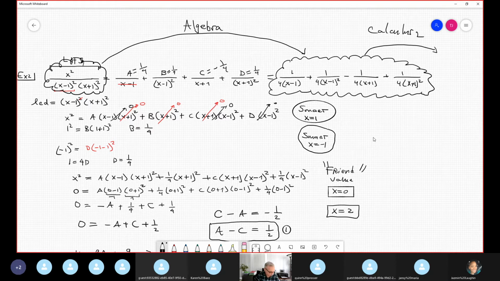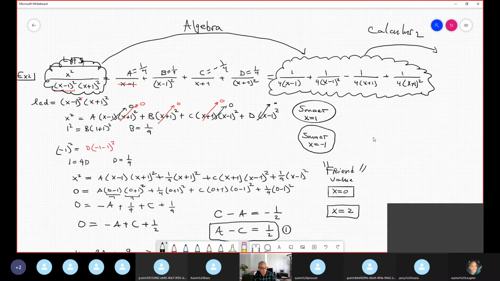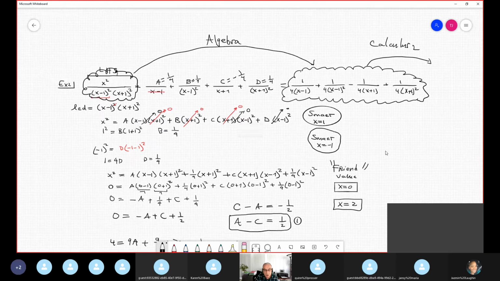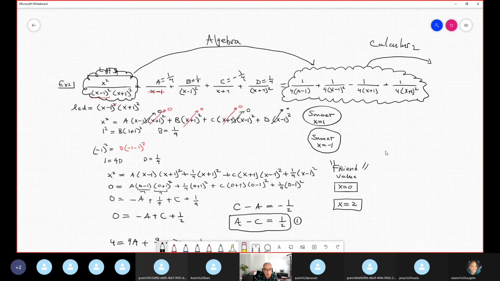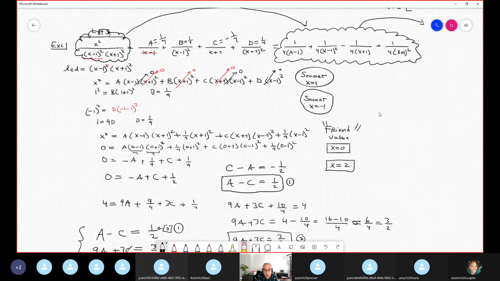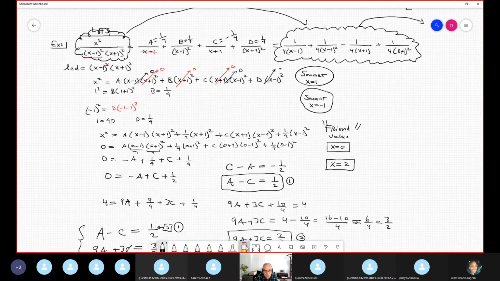Okay? Clear or confusing? Any question? Clear. Okay. So remember, we're using smart values and frame values to complete the picture. It's one possibility.